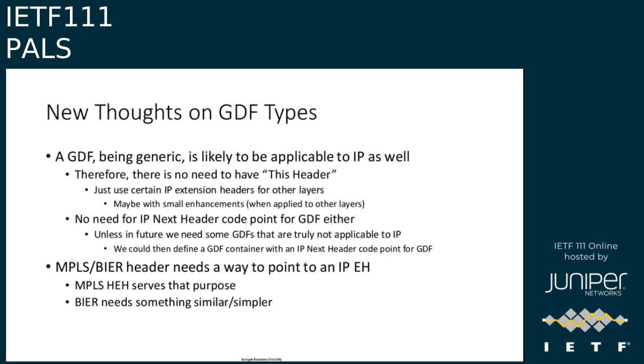If we do that, then the MPLS label stack or BIER header will need a way to point to an IP extension header. As you have seen from Haoyu's presentation, the MPLS header extension header, the HEH, serves that purpose. And BIER will need something similar or something simpler. Next slide, please.